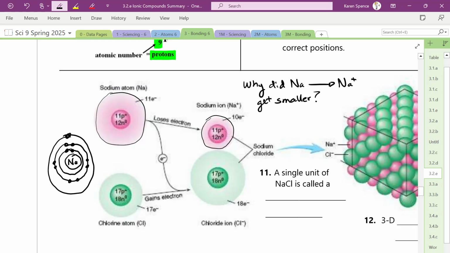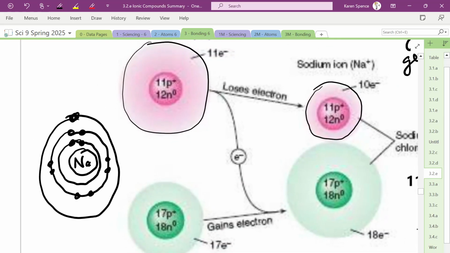Why did sodium get smaller? It loses an electron, but not just any old electron. It loses an electron in the outer shell. Is there anything left in the outer shell after that? No. So in essence, it is losing an entire shell's worth.